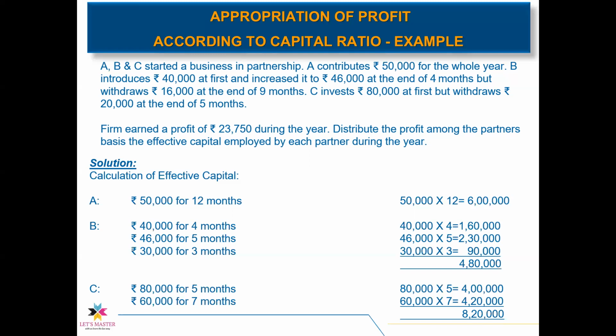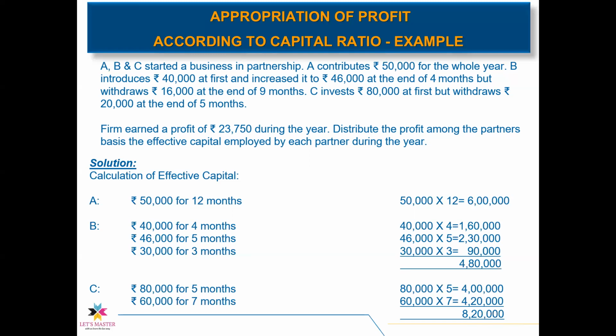For B, initially B introduced 40,000 and then increased it to 46,000 at the end of 4 months. So what we have done is, for the first 4 months, we have multiplied 40 by 4.